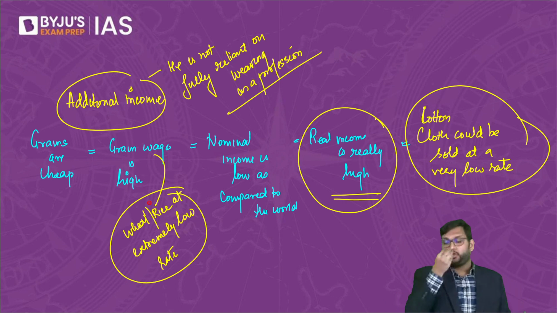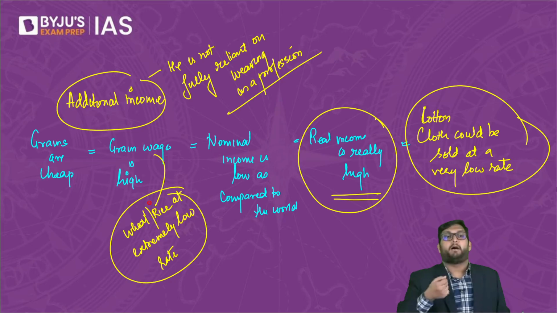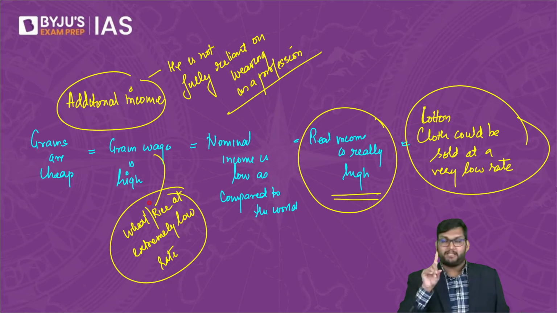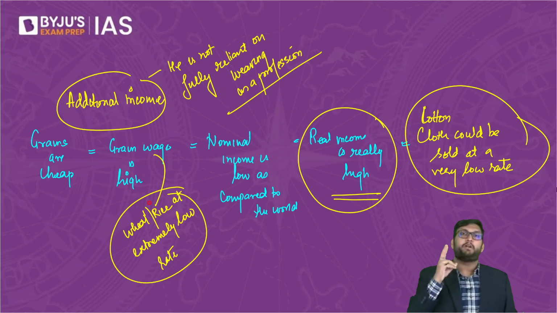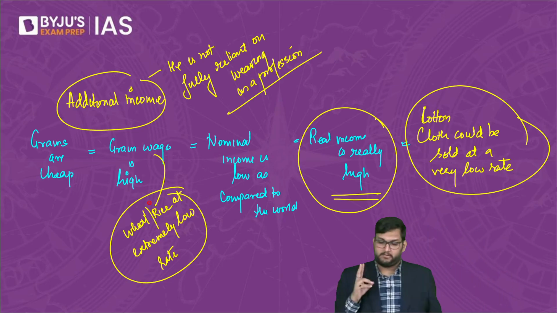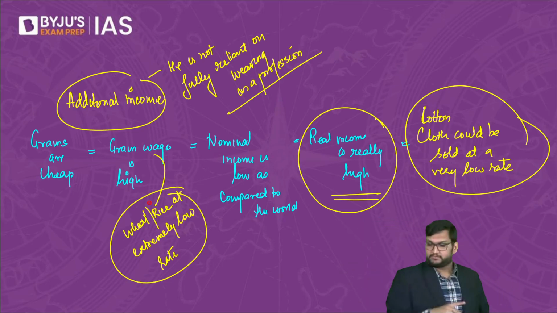My income is only 1 rupee, but my grain income is 100 kgs. Can I survive on that 1 rupee? Yes. So isn't my grain wage very, very high? Can we agree to the two advantages which our weavers have? We can agree to this.